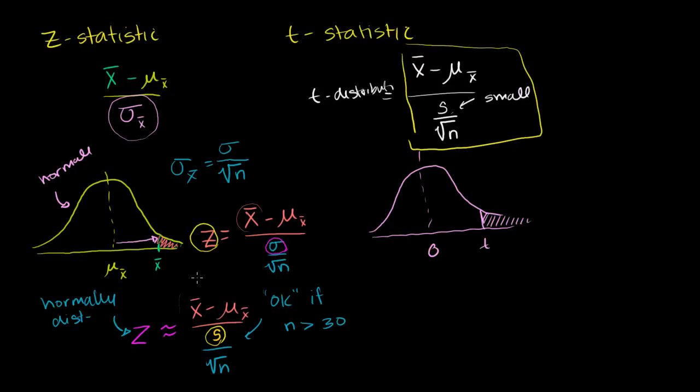If your sample size is small, then this quantity is going to have a t distribution, and you're going to have to use a t-table to figure out the probability of getting a t value at least this extreme. We're going to see this in an example a couple of videos from now.